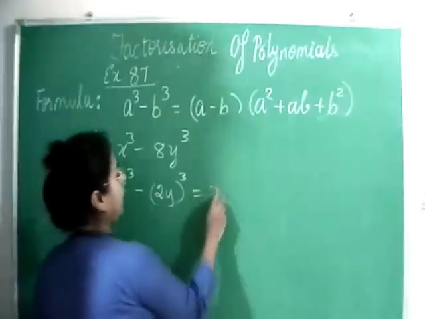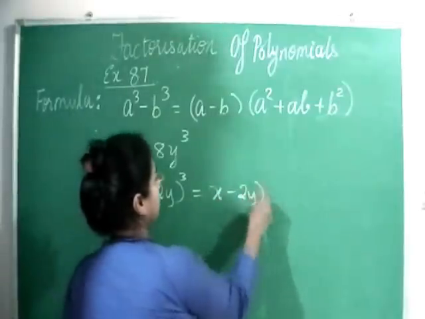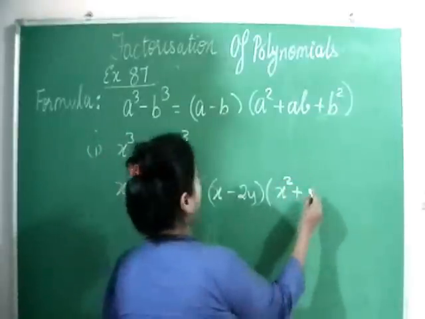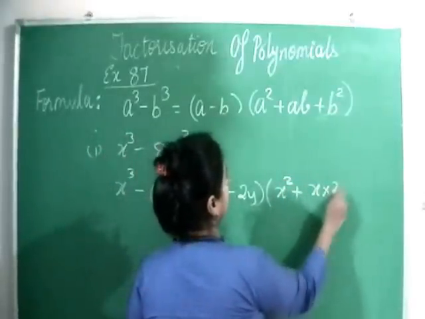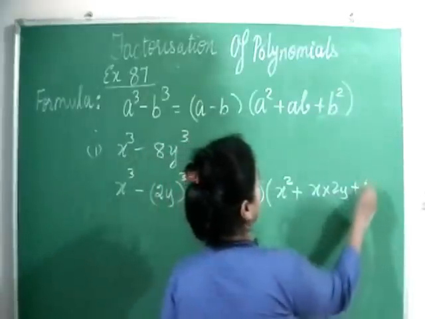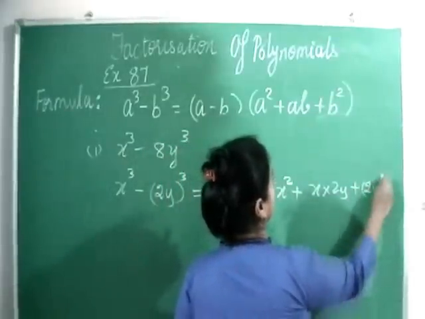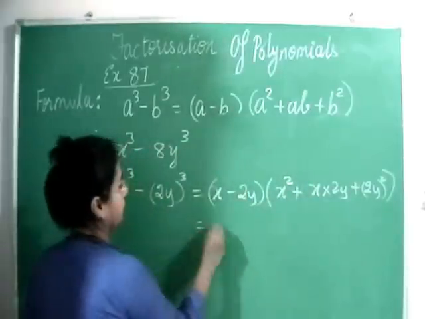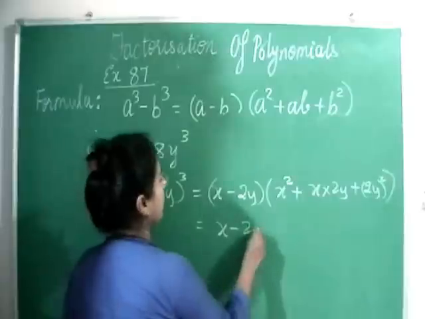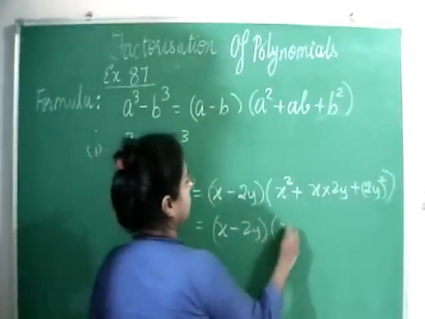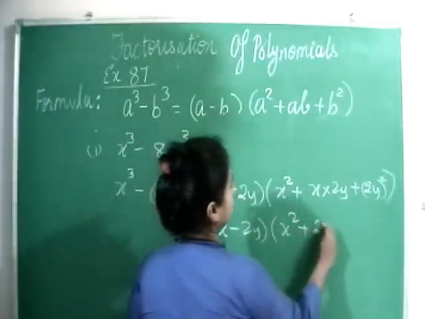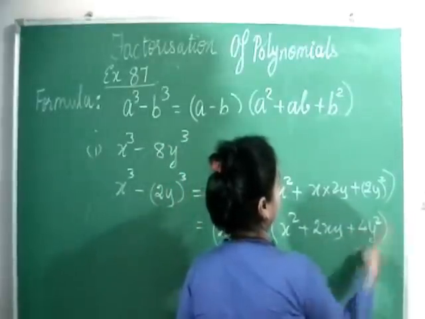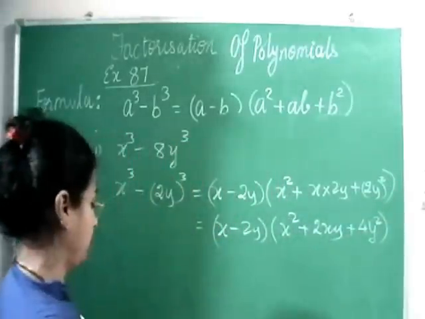Apply the formula. x minus 2y, bracket x square plus x into 2y plus 2y the whole square. Now open the bracket and write the final answer. x minus 2y, x square plus 2xy plus 4y square. So this is the answer for the first sum.